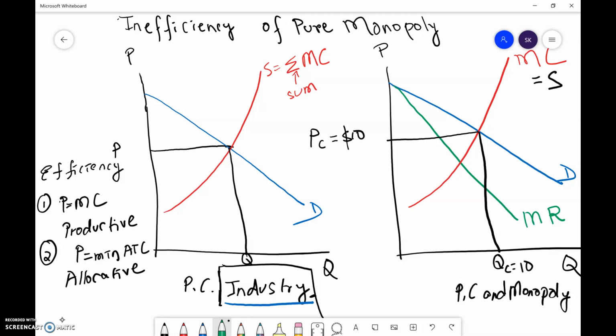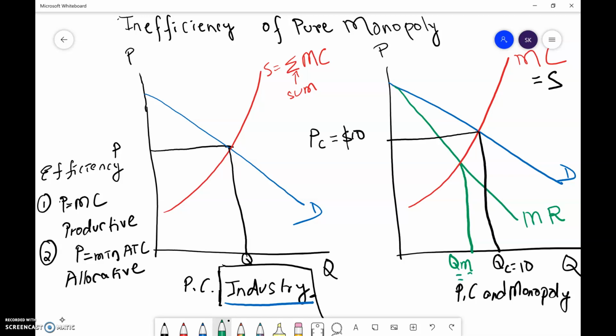So now to find the monopoly quantity, I look at the point of intersection between the marginal revenue line and the marginal cost curve. So I draw a line here. This one is the monopoly quantity and definitely less than the perfectly competitive quantity.